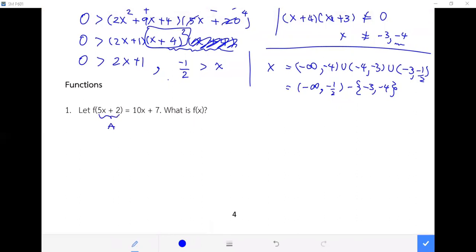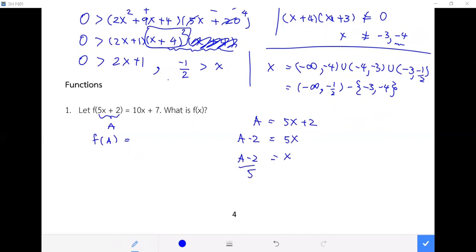So you will have f(a) equal to something, right? And now your a is 5x plus 2, right? So your x, a minus 2 is 5x, so x is (a minus 2) over 5.